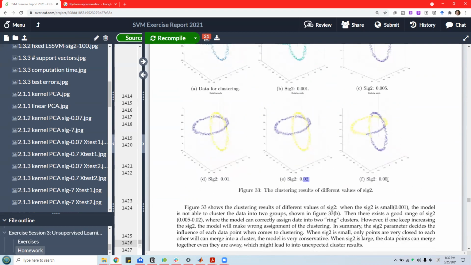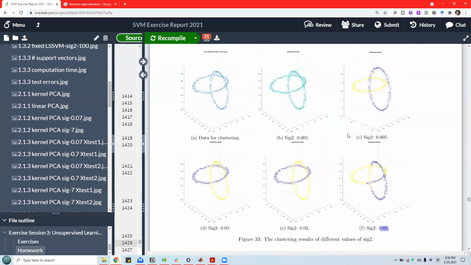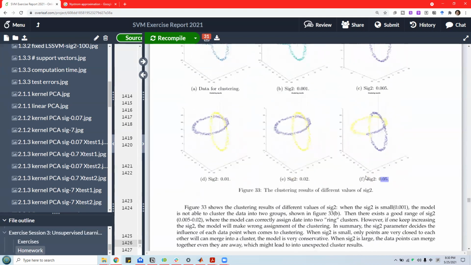But if you increase until this, the data points close to the other ring in the center of this part become classified as another cluster. So it's not what you had in the previous ones.